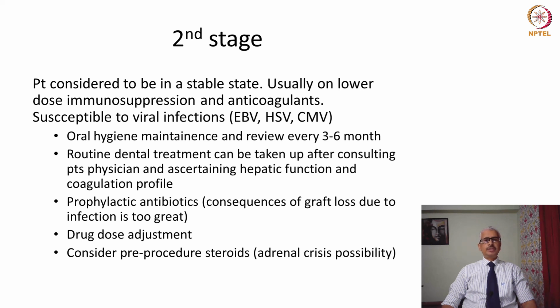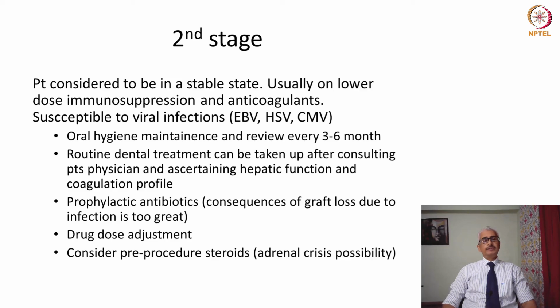The reason for this is, even though the level of immunosuppression has been reduced, still the consequences of graft loss due to infection are simply too great, and therefore we cannot take the risk of graft loss, and therefore we advise prophylactic antibiotics.